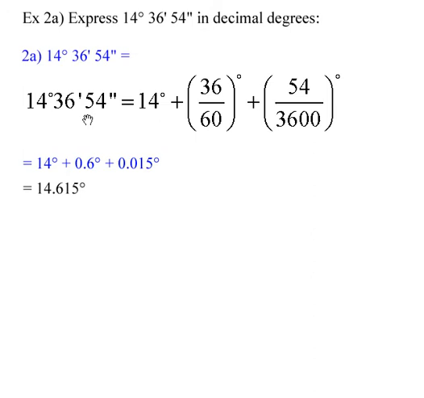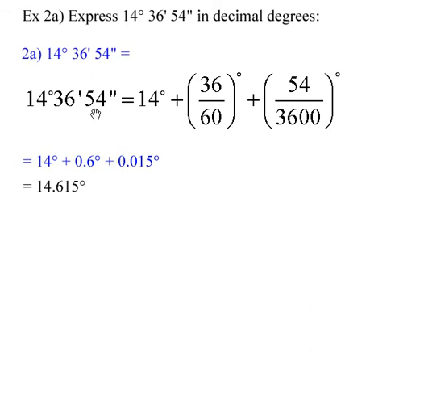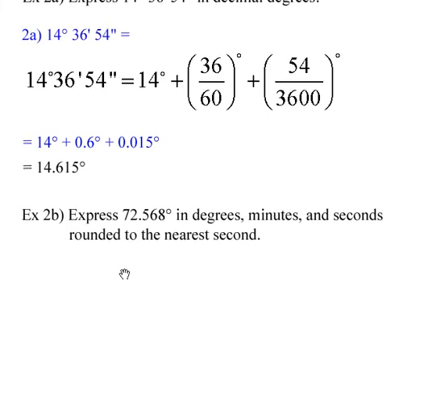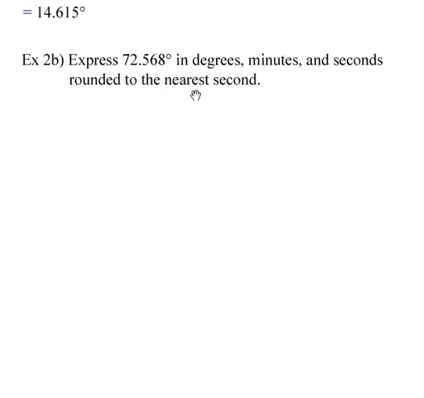So again, converting in minutes, there were 60 minutes in a degree, so 36 divided by 60. And in seconds, 54 divided by 3,600, since there are 3,600 seconds in a degree, just like there are 3,600 seconds in an hour.